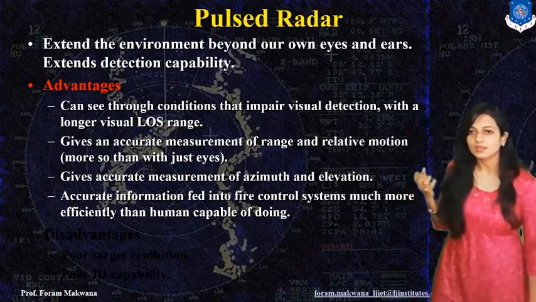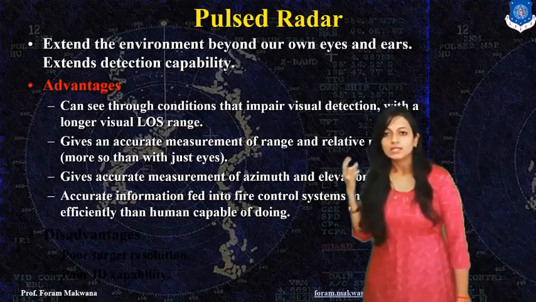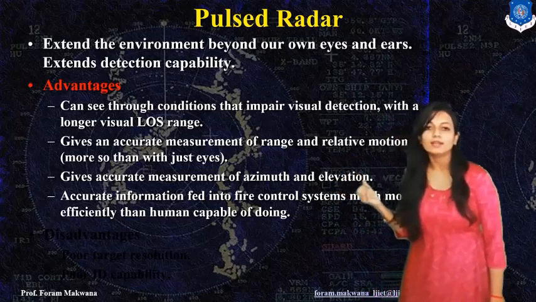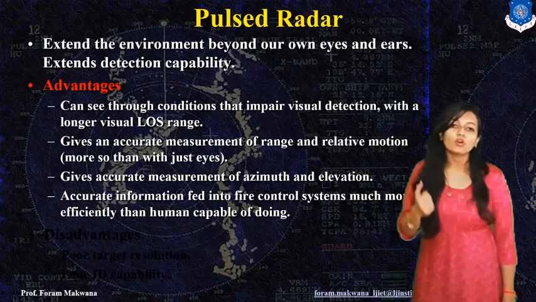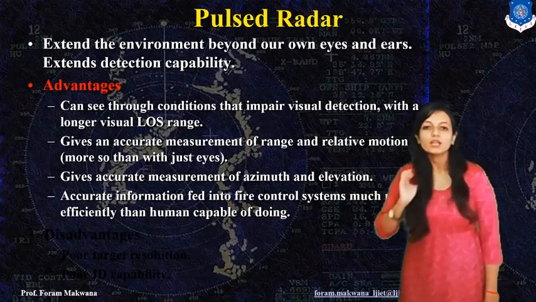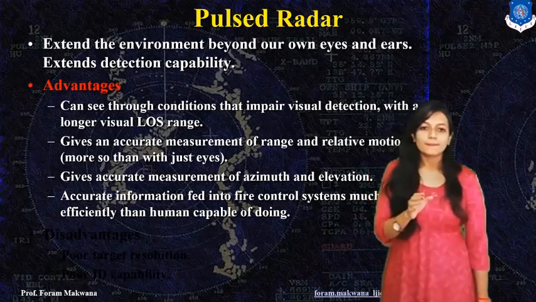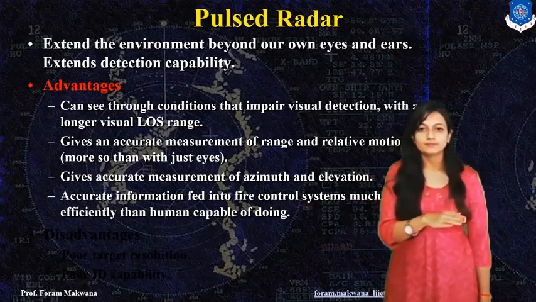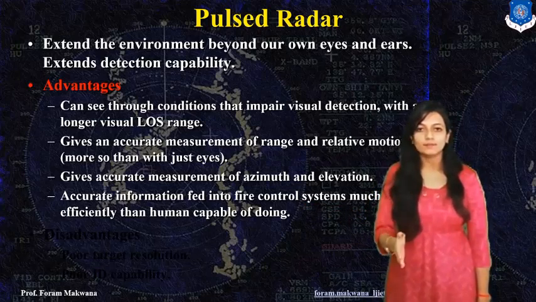Right? Third, it gives accurate measurement of azimuth and elevation. Now, what do you mean by azimuth and elevation? Azimuth angle means it is the horizontal angle. Elevation is the vertical, right?